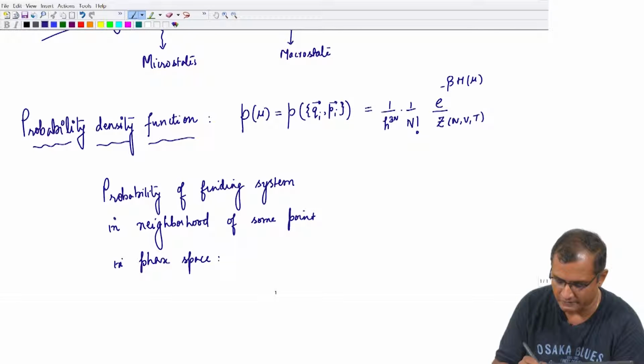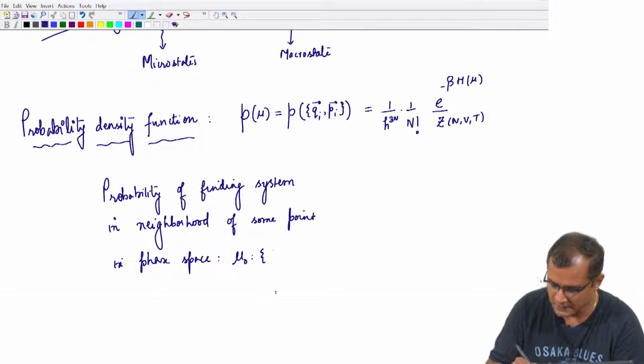Let us call that point in the phase space mu naught, which is given by some specified values of all the particles.